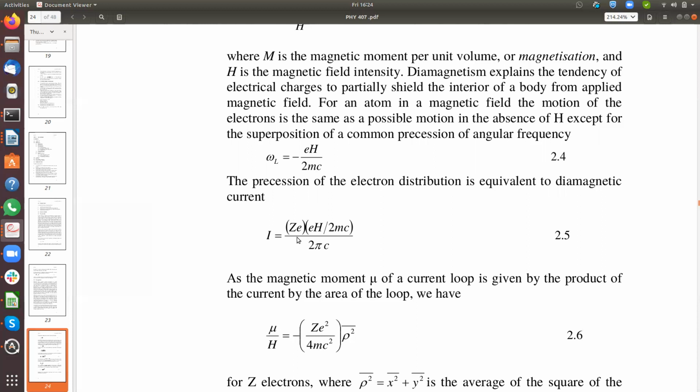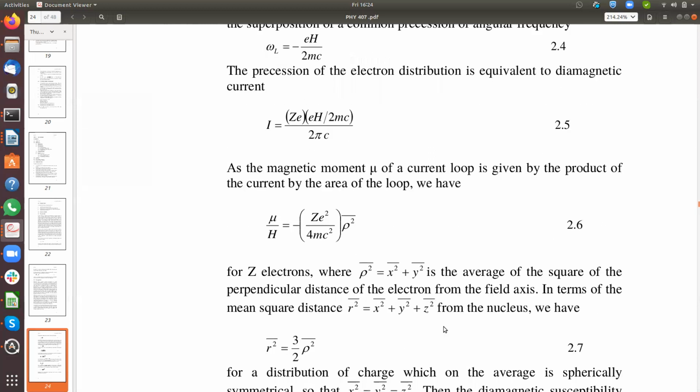So just by substituting this expression here, you have mu over H equals this, where Z is for electrons, and the average of rho squared, which is just x squared plus y squared, is the average of the square of the perpendicular distance of the electron from the field axis. This is just in 2 dimensions, x and y. But if it is 3 dimensions, it will be x squared plus y squared plus z squared. But in this case, you are just considering a 2-dimensional concept, and that's why you have x squared plus y squared.